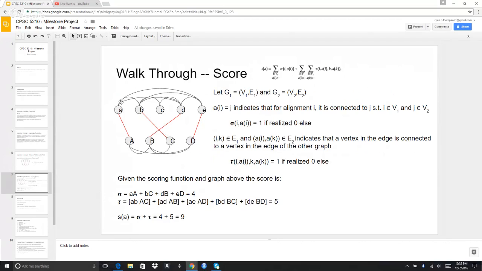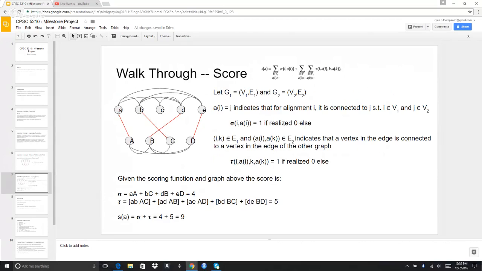So what it says is we have an edge, and the vertices of that edge are also connected to an edge whose vertices are also connected. So again, here's the formulation. It indicates that a vertex in the edge is connected to a vertex in the edge of the other graph. So tau of I, A of I, K, A of K is equal to 1 if it's realized.